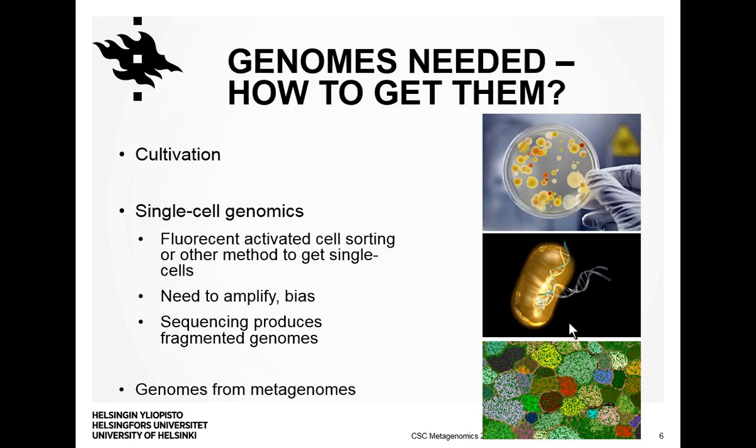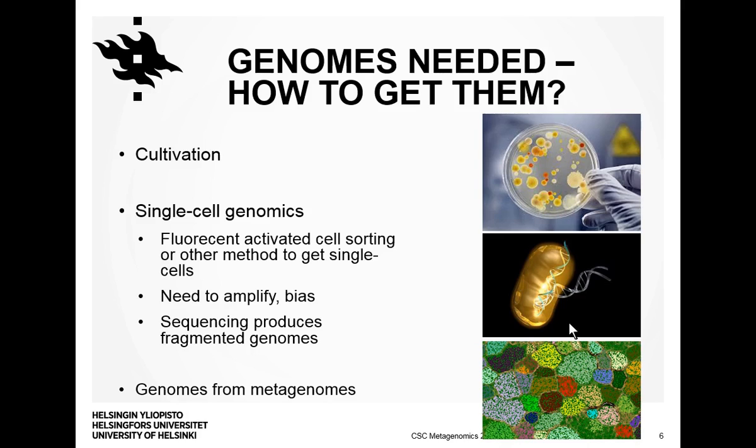And how can you get the genomes for the database? You can of course cultivate them, but we know that less than 5%, less than 1%, or less than 0.1% of the microbes can be cultured, depending on who is saying that. So that's not really the way to start expanding the databases for genomes. Then there's single-cell genomics, where you sort your single cells using, for example, fluorescence activated cell sorting, and then amplify them and sequence, and then get the genome sequence from the individual single cell.